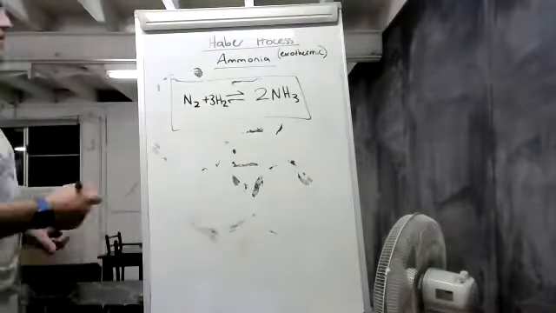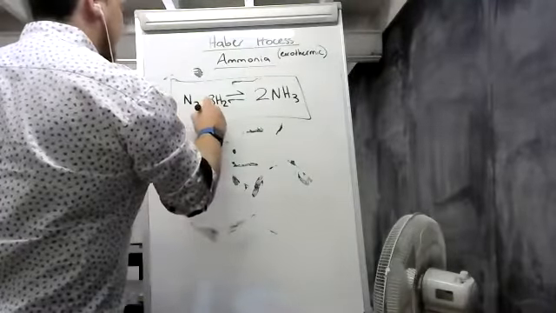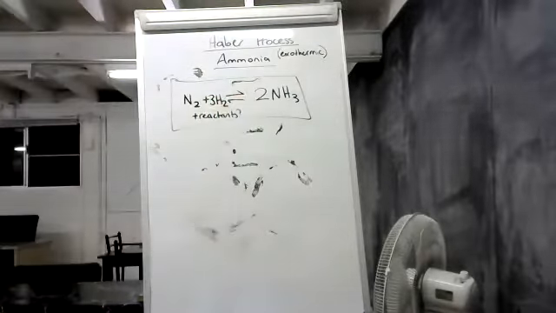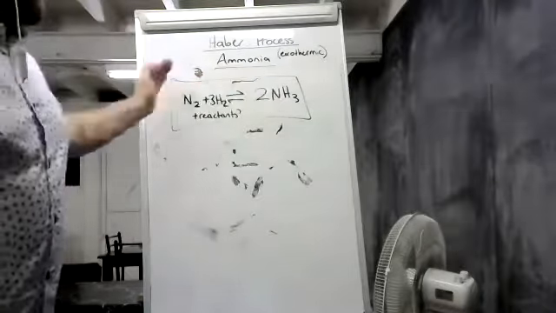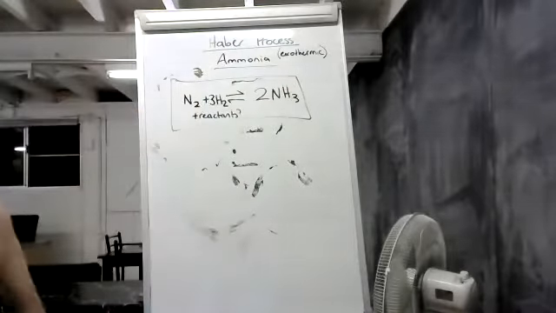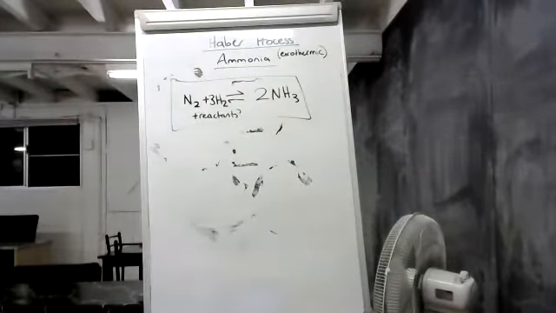What's going to happen if I add reactants? Which way is the reaction going to go to balance out the fact there's now more reactants on this side? Think very logically.